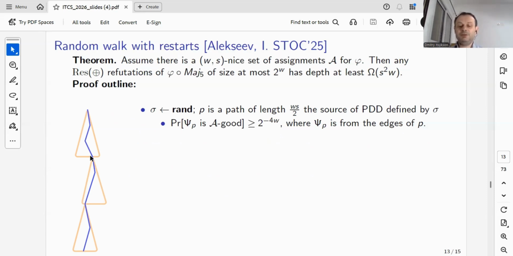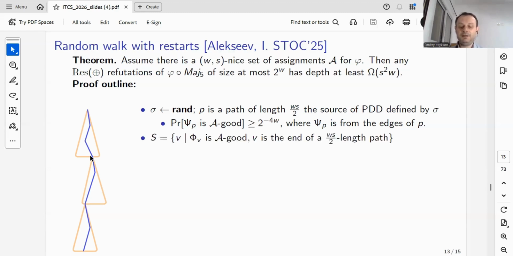If we substitute a random assignment for the unlifted variables, the probability that the assignment to the closure is from A will be at least 2 to the minus W by the properties of WS-nice assignments, as there are at most W forced values. But since we have a different distribution, we pay a constant factor 4 in the exponent.